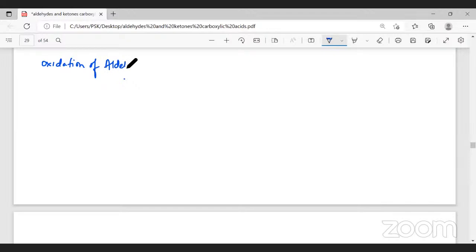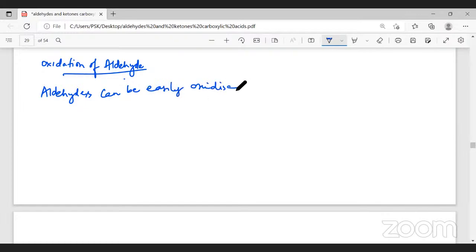Aldehydes can be easily oxidized to the corresponding carboxylic acid. This is an important question you should remember for competitive exams.